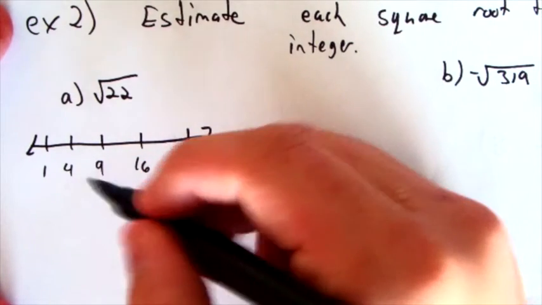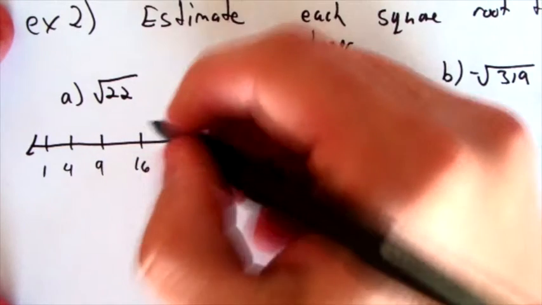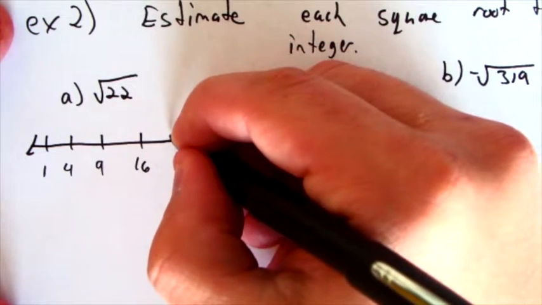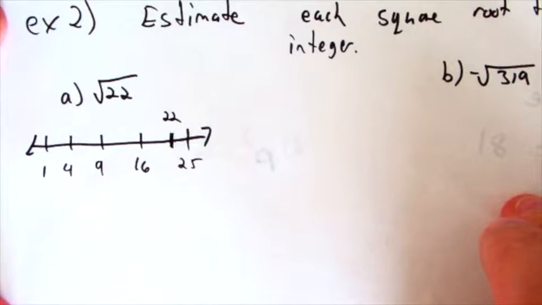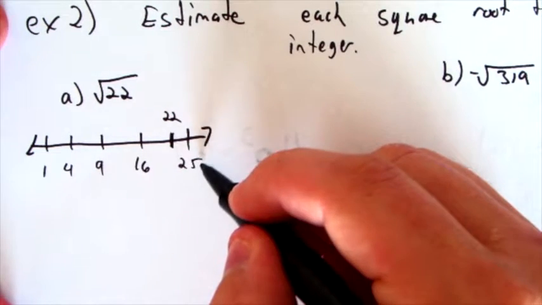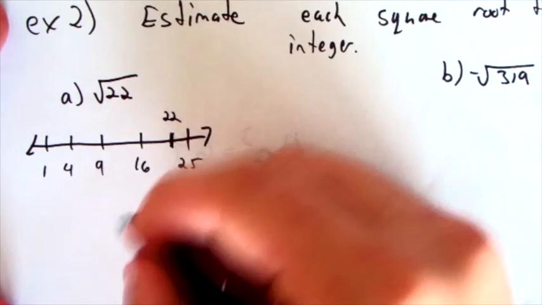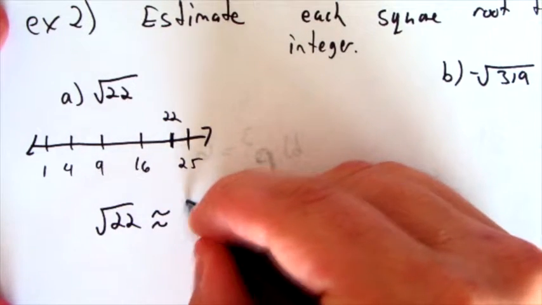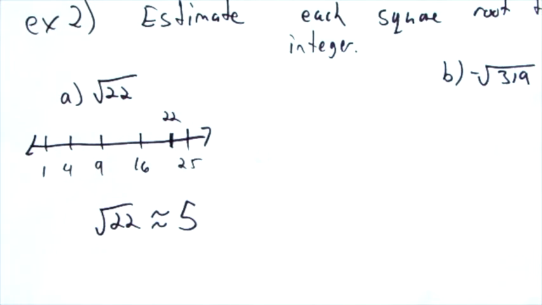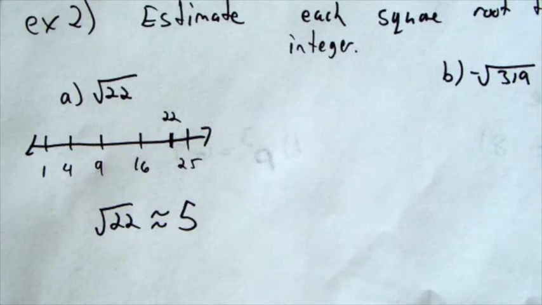I'm simply showing you that these are the perfect squares. So 22 is somewhere here. 22 is closer to 25 than it is to 16. So the square root of 22 is about equal to 5, because it's closer to the square root of 25 than it is to the square root of 16.